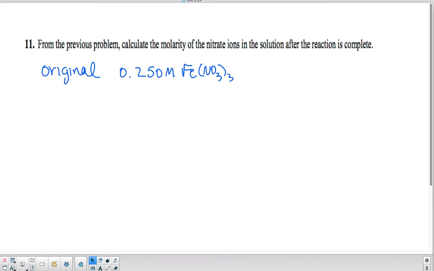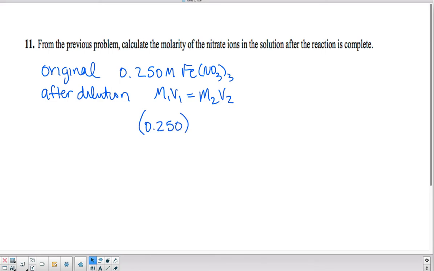Okay, so let's find the concentration of FeNO3 after we dilute, after we mix the two. And to do that, I am going to use what equation? Yep, M1V1 equals M2V2. So originally, I have a 0.250 molar. How many mils of the iron did I have? 35, right?